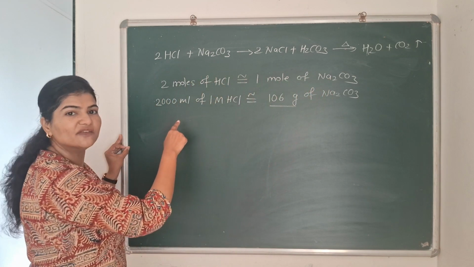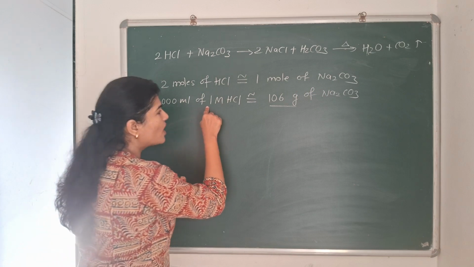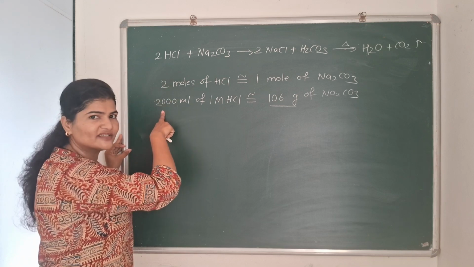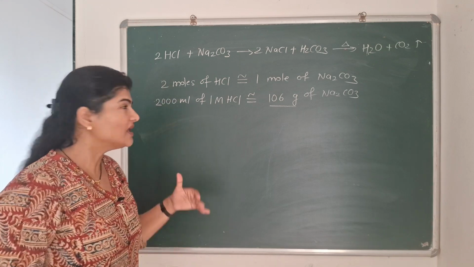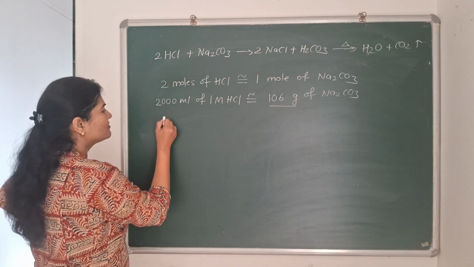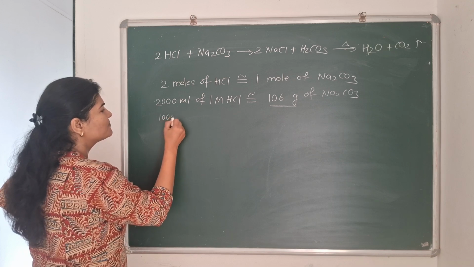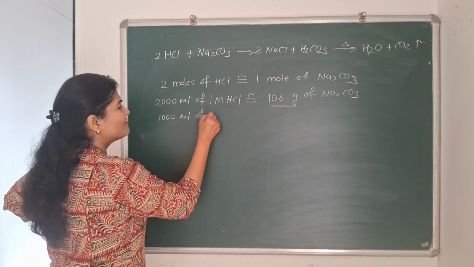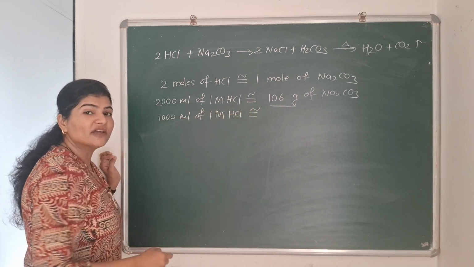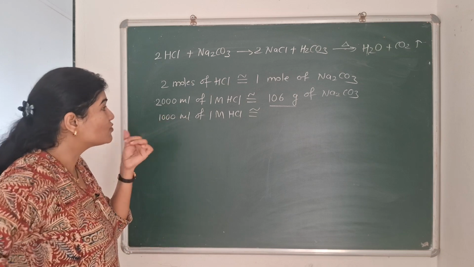But for liquids, how will you write? 1 molar solution of 1000 ml. Here 2 moles, so 2000 ml. Now we will come down to 1 ml. So how are we going to do it? First we will come to 1000 ml. 1000 ml of 1 molar HCl is equivalent to, now when you are doing such calculations, what you will do?